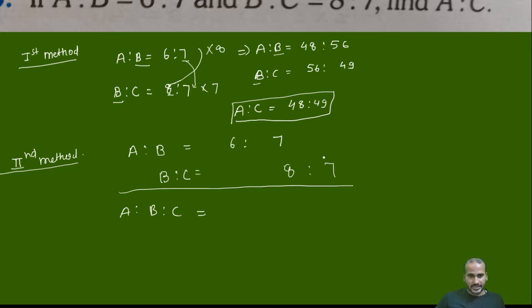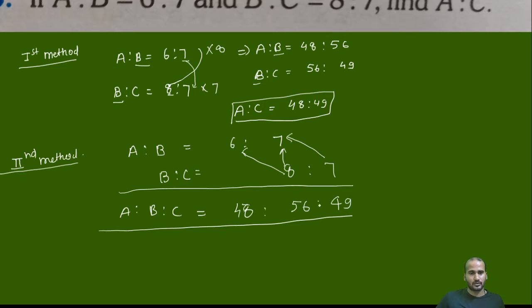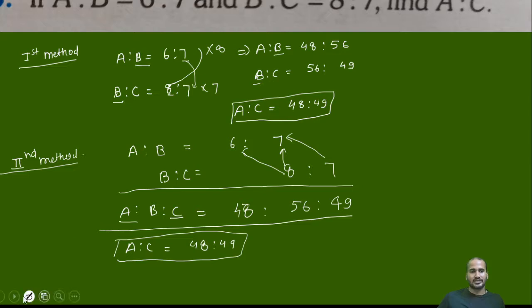Now take this 7 multiplied in 7, so 7 7s are 49. Now take 8 multiplied in 7, so 7 8s are 56. 8 multiplied in 6, so 8 6s are 48. So this is your value, and we only have to find A is to C. So A is to C is equal to 48 is to 49. So whatever you want, do as you wish; which method is good for you depends on you.